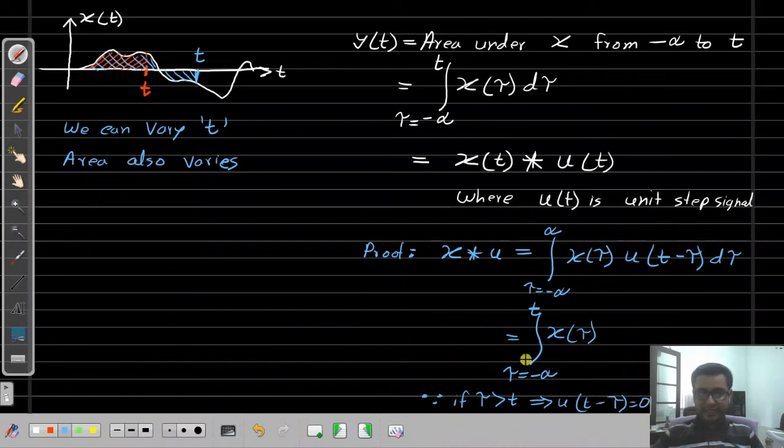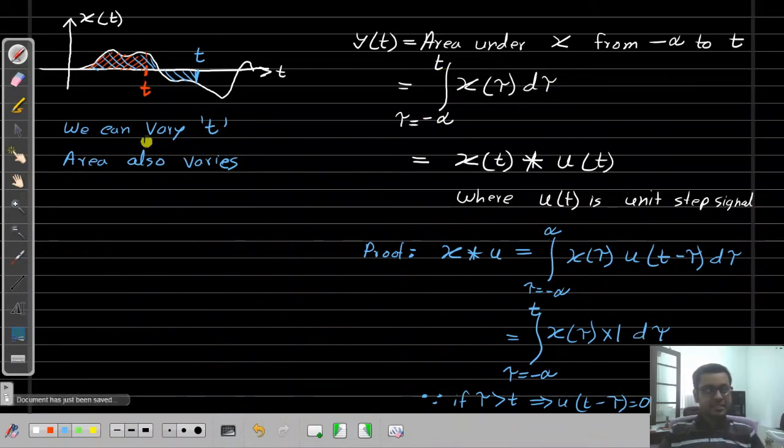So I will integrate only up to time t, and before time t I know the value of u is 1, and this is what we wanted to prove.